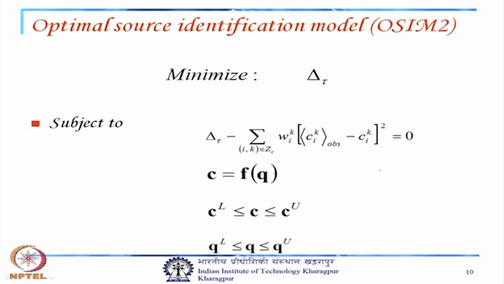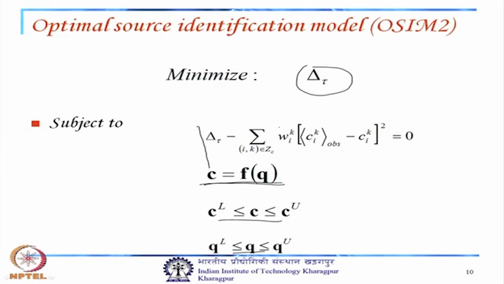The second model is one where the objective function is linear in nature, but our constraints are nonlinear. Previously we have seen that our objective function was nonlinear in OSIM 1 or OSIM 2, and this is also a nonlinear constraint, and these are our linear constraints.